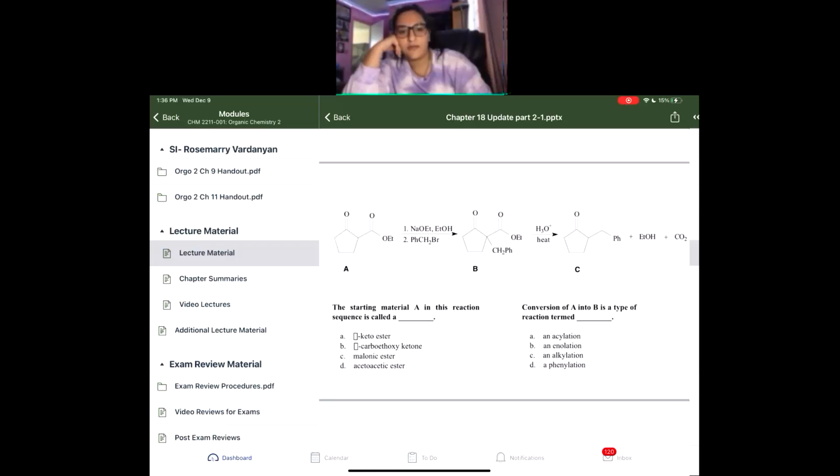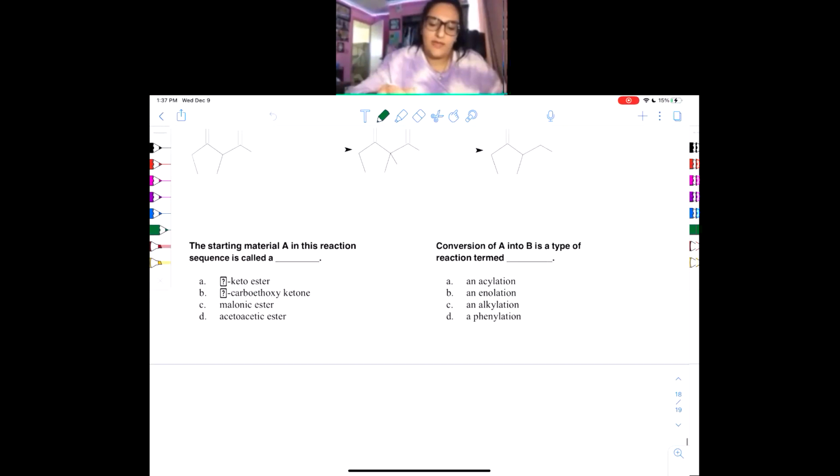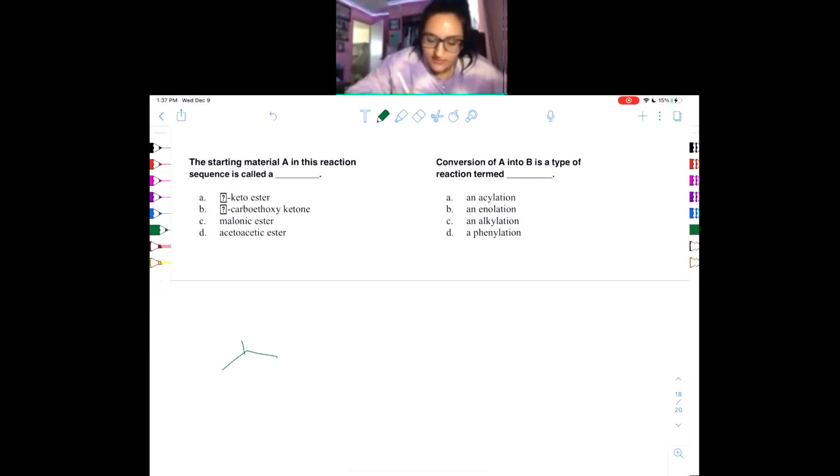Is it going to be malonic, acetoacetic, or... So this is considered an acetoacetic ester synthesis, but it's not going to be an acetoacetic ester. And the reason for that is the acetoacetic ester looks like this.